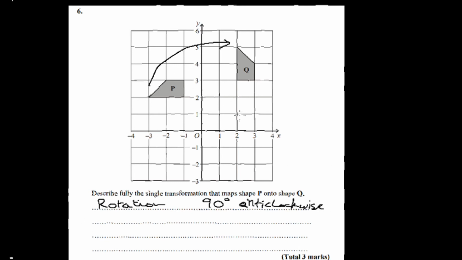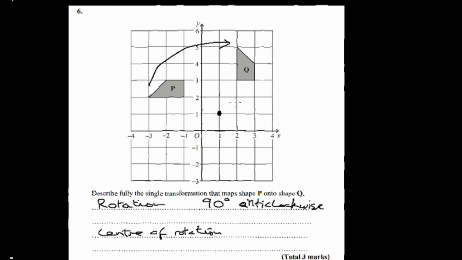And then the last thing is to find the centre of rotation. So in the exam you'll have tracing paper for this, and you can basically put a little point, spin your shape around and see where it's going to go. And that's how you check a centre of rotation.